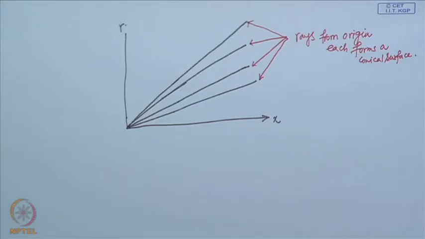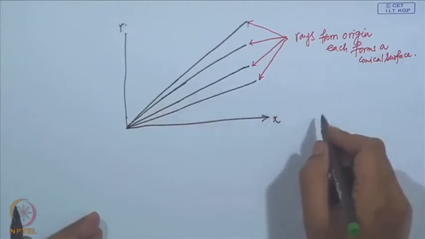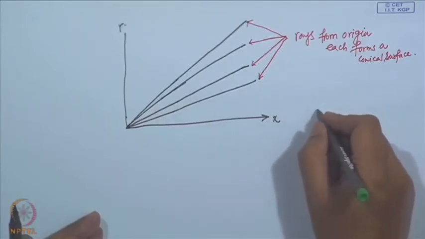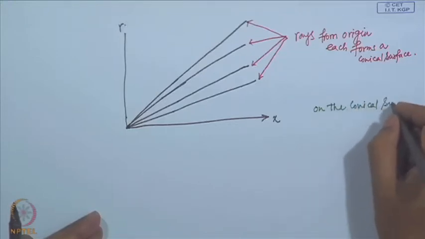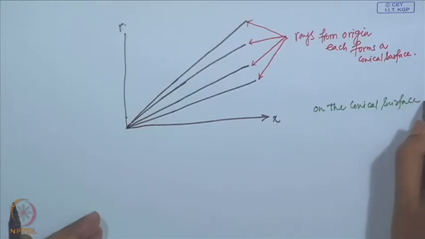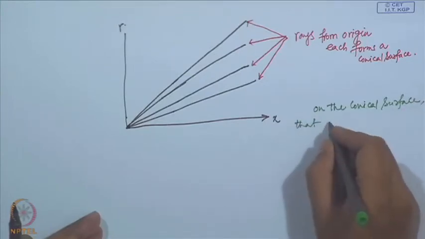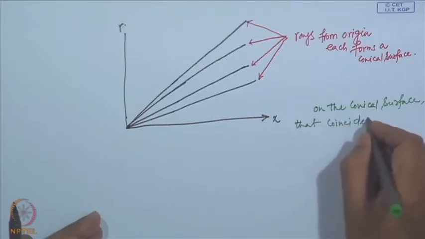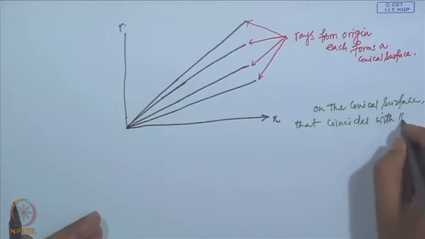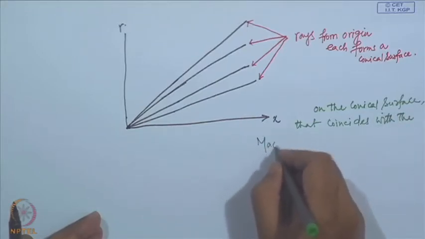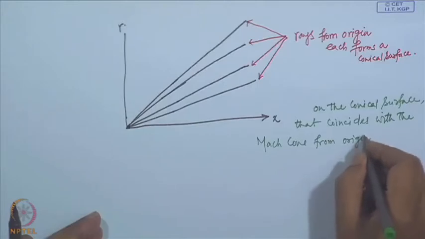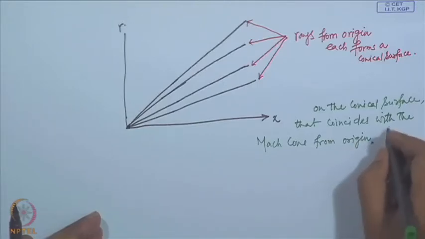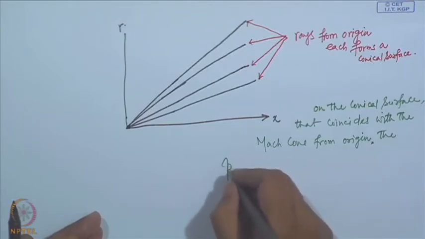So, on the conical surface that coincides with the Mach cone from origin, the perturbation velocities u and v are 0.